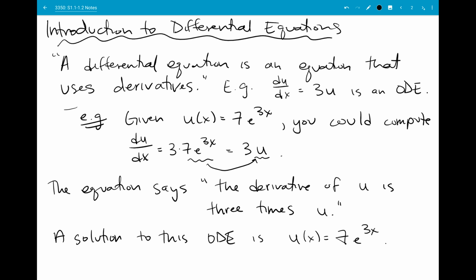But that 7 wasn't really special. So really, u of x equal to 7,000 e to the 3x would still satisfy that exact same equation. Or even u of x equal to 0. The derivative of 0 with respect to x is 0, and 0 is the same as 3 times 0, so it satisfies the differential equation.